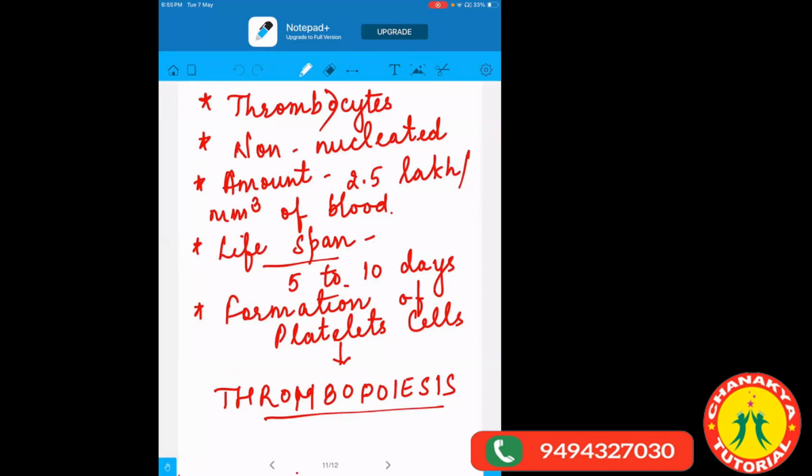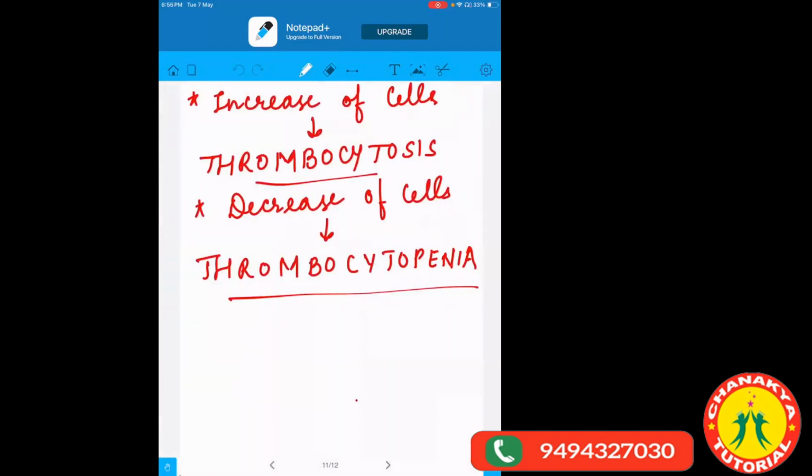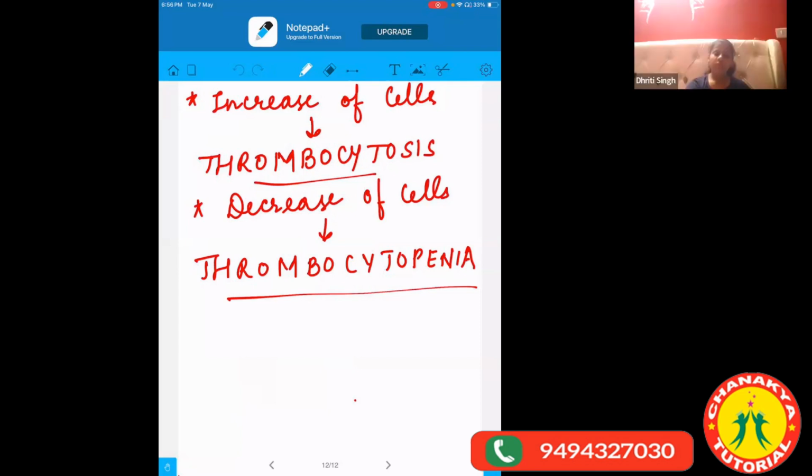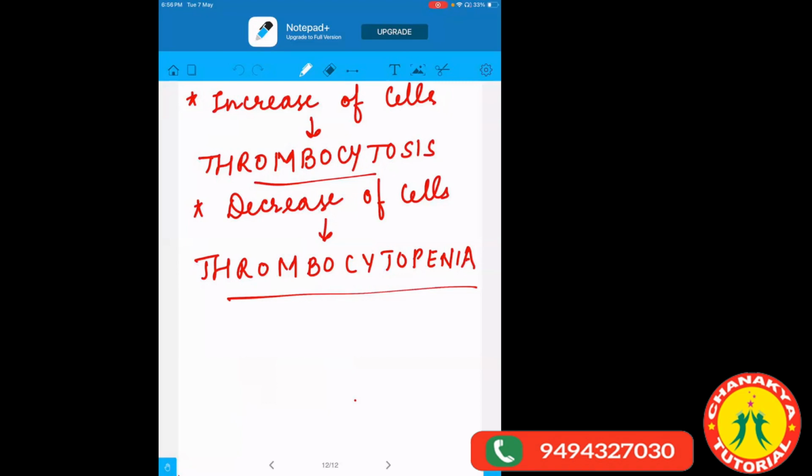Done with this page? Ma'am, wait. Done, ma'am. Ma'am, what is the dental formula? 2123.